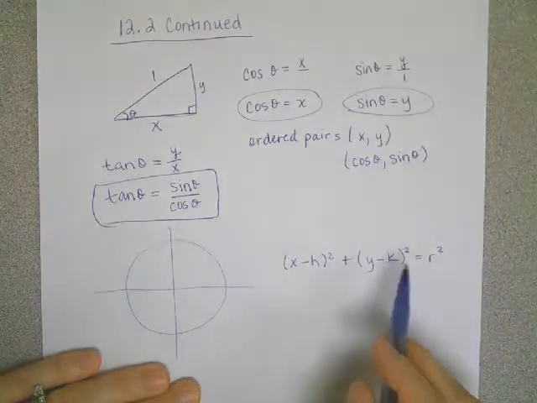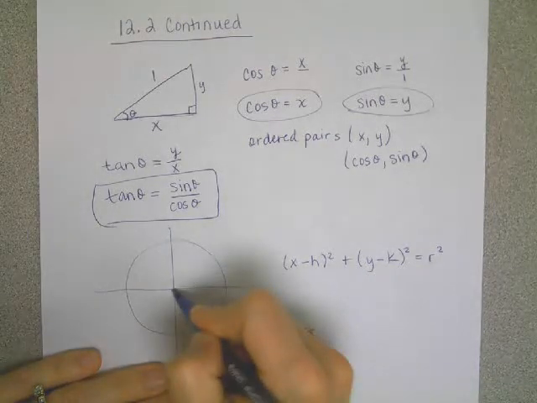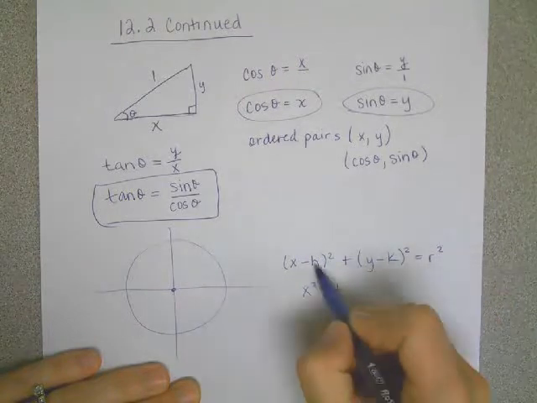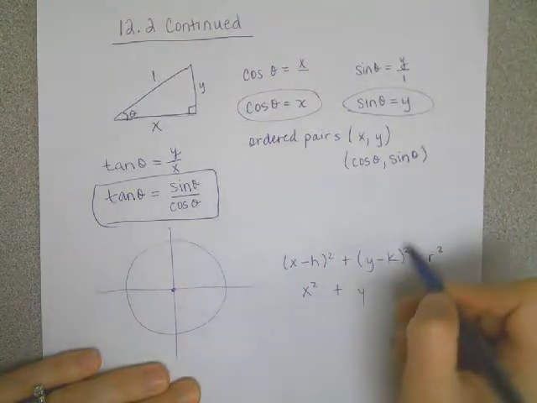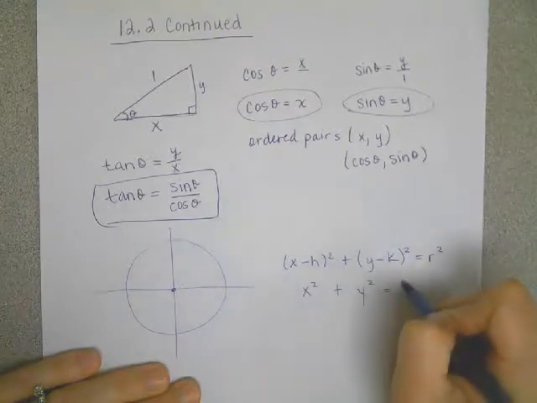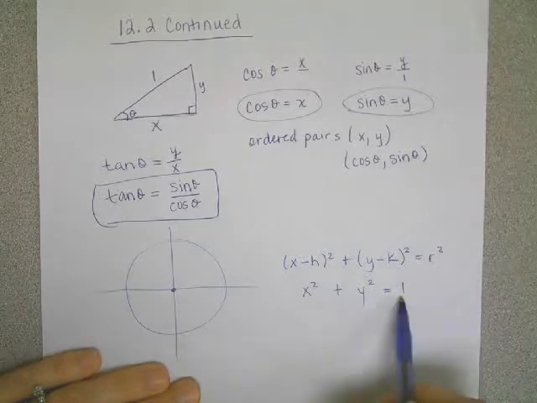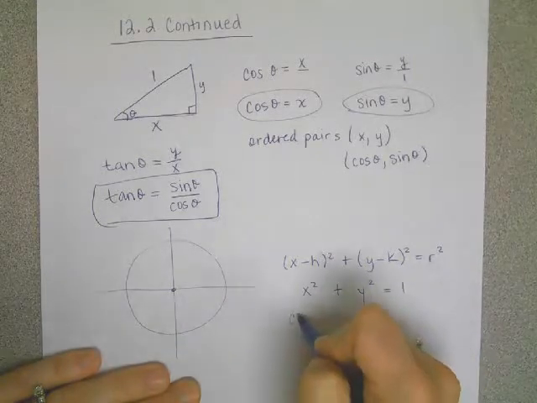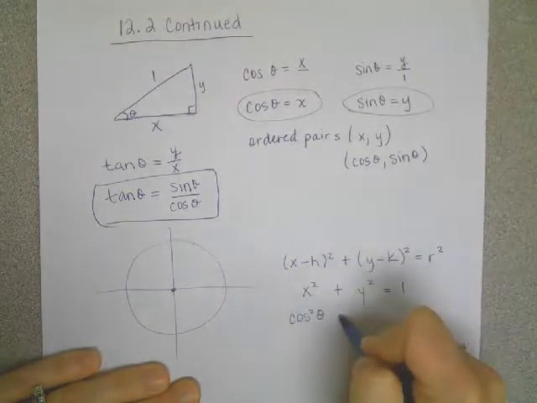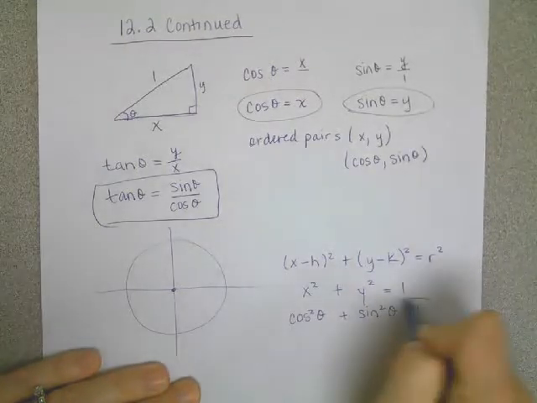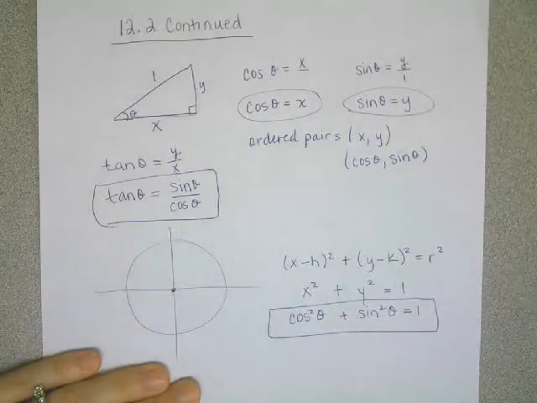H and K are the centers, and since this unit circle is centered at 0, 0, this equation would be x minus 0 quantity squared plus y minus 0 quantity squared equals, and my radius is 1 because it's a unit circle. So this is the equation of the unit circle, which now we can change it to cosine squared theta plus sine squared theta equals 1, and that is a very important trig identity that will be used a ton in this class.